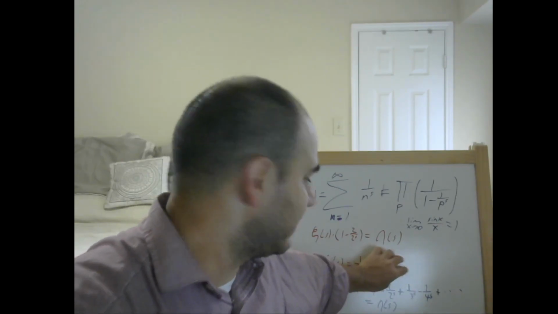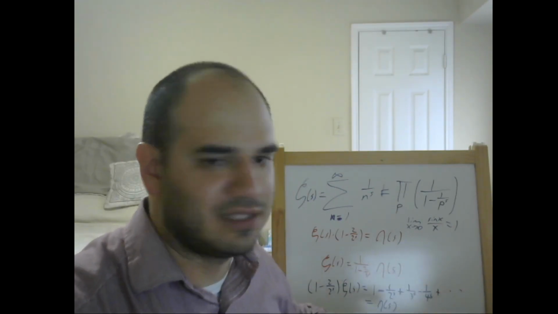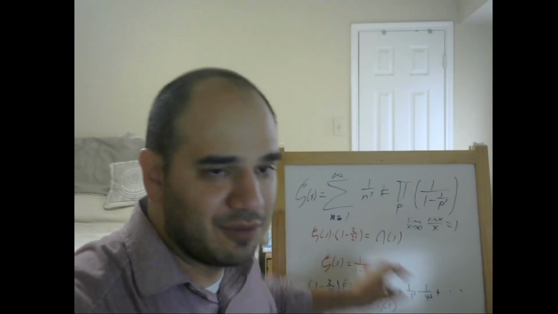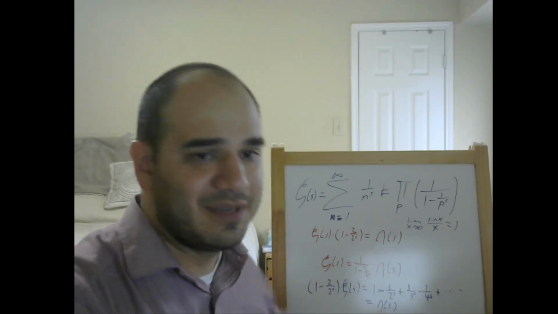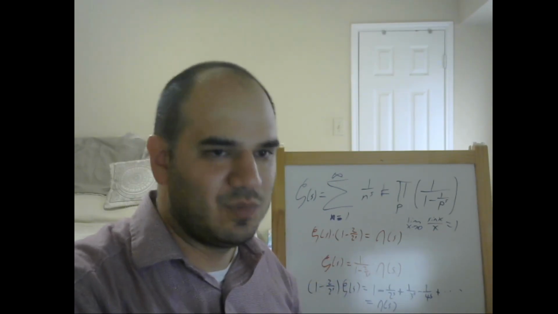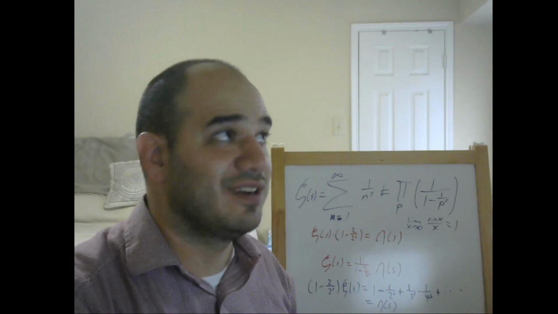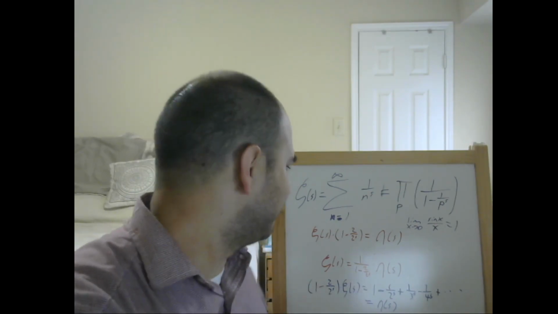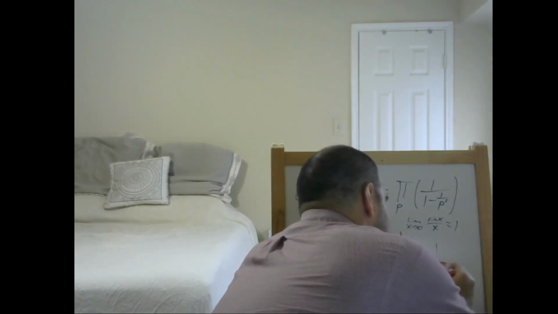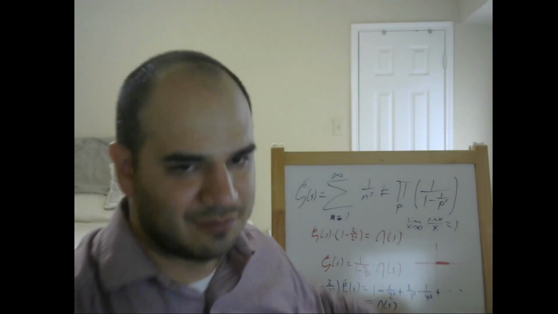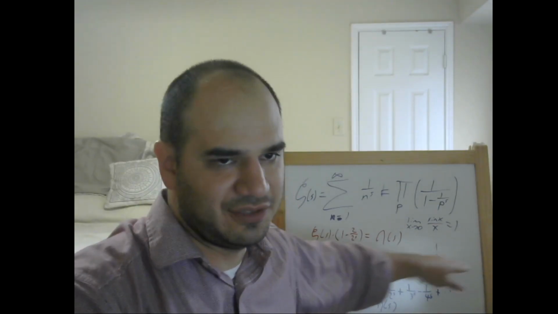So this was defined really everywhere that we wanted it to be, except for the point s equals 1. And so there's that relationship, and that reduction remains clear everywhere except for in the critical strip, right? Right here on the real line between 0 and 1.